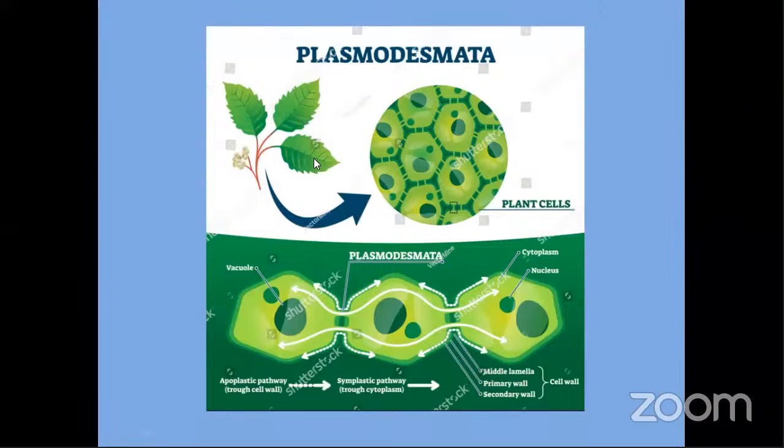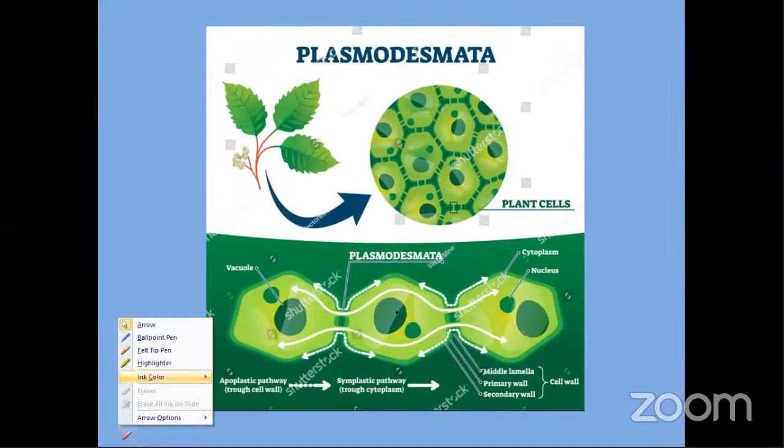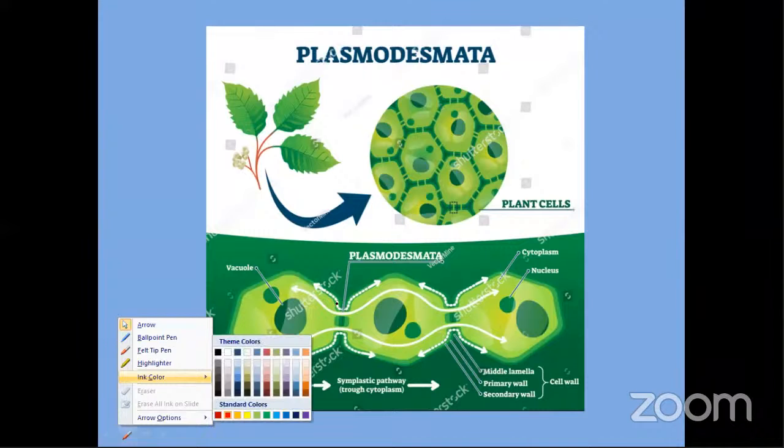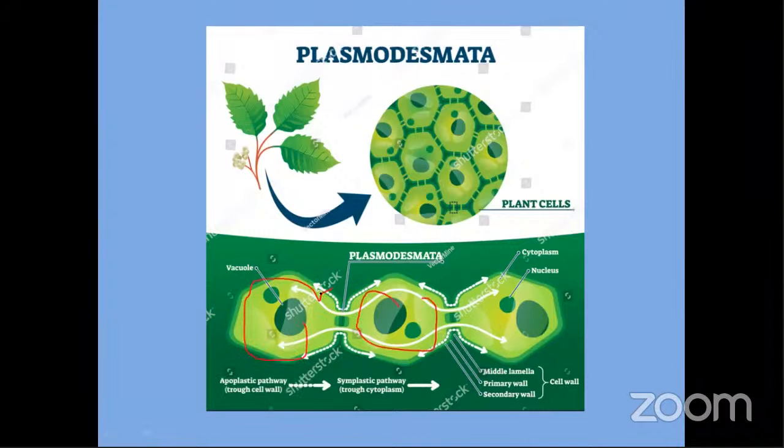Plasmodesmata. Okay, what is this plasmodesmata? If these are the two cells, during the cell wall formation, what happens? Pores are developed, and there is a site of communication required between the two adjacent cells.